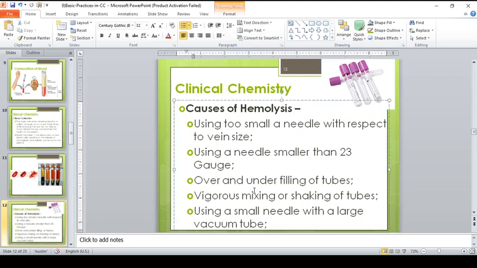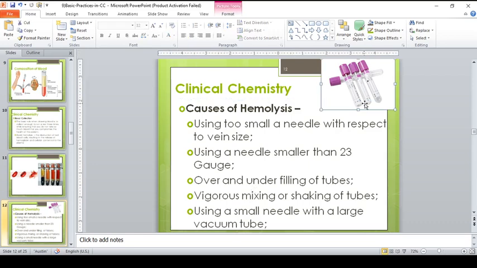Next, vigorous mixing or shaking of tubes. In different tubes, we have a recommended number of inversions. You cannot shake the tube too many times, so you cannot overmix or undermix. Undermixing of tubes with anticoagulant may lead to clotting, because you were not able to mix it properly.